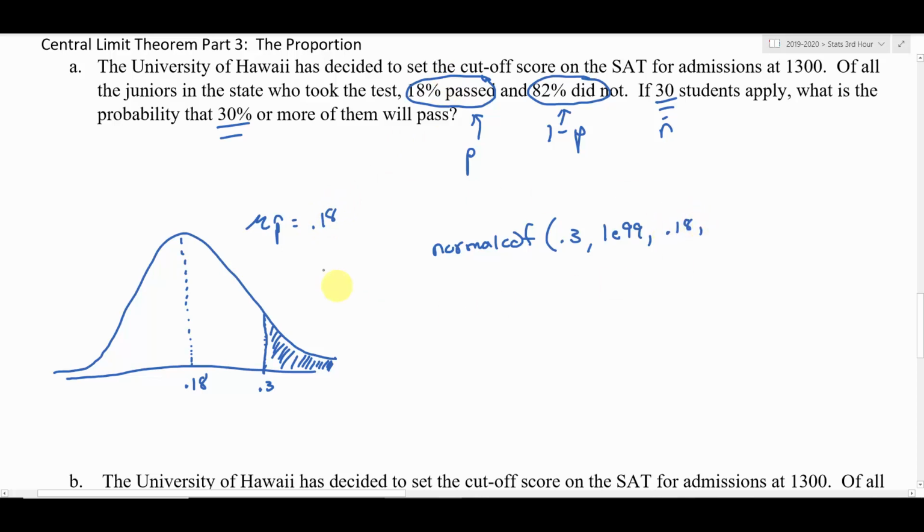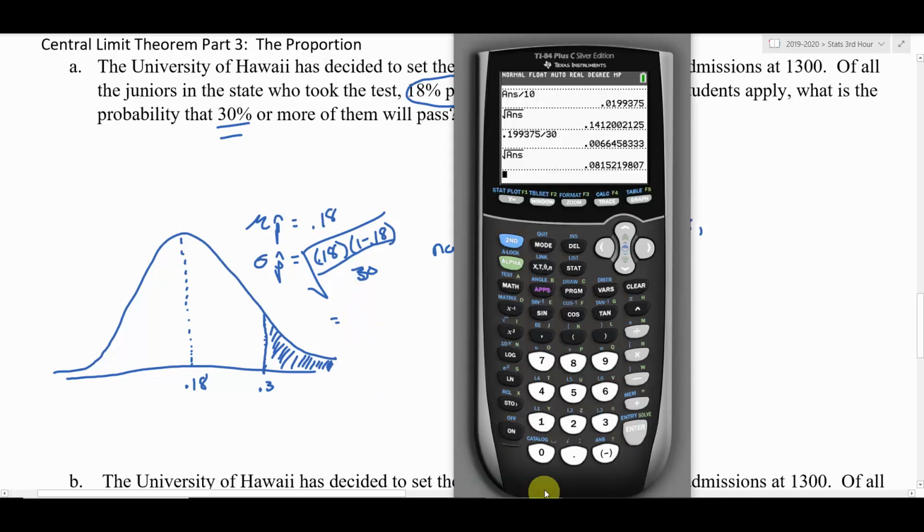And then we need the standard deviation of the population proportion. So we've got to take 0.18 times 1 minus 0.18, divide by 30, and then square root that thing. So we have to calculate this. Let's see what we get. I'm going to go to my calculator and see how that works out.